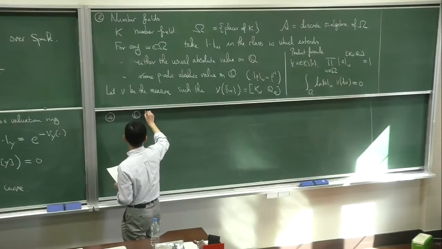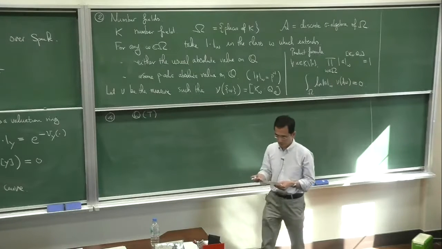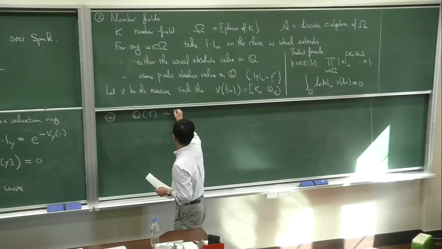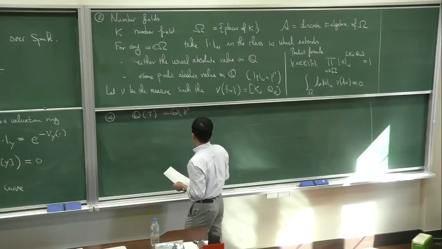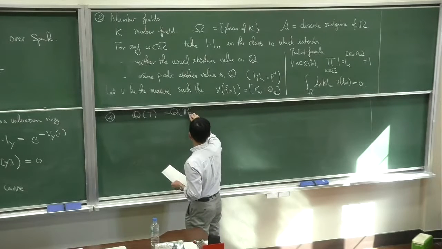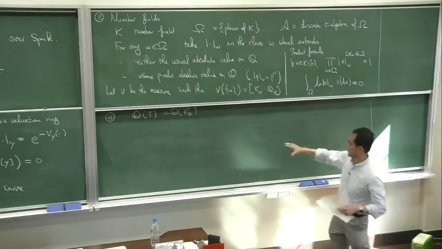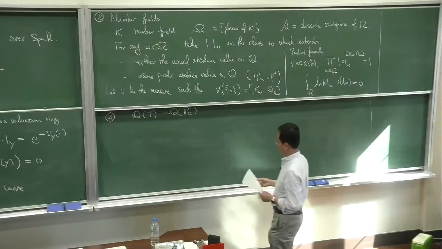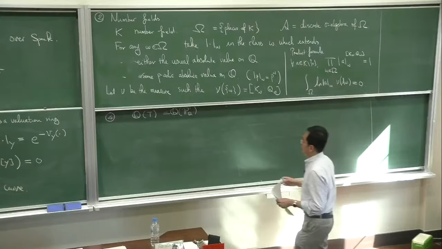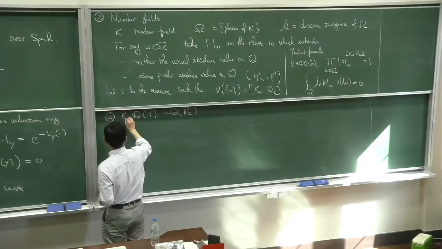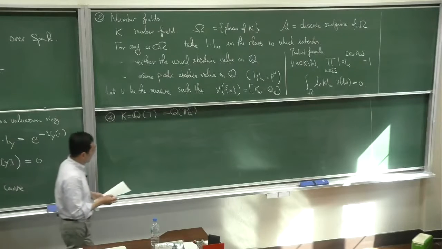I take the field of rational functions with one variable. So you can consider this as the rational function field of P1 over Q. It's a little bit fancy to think of such a field as a field of rational functions. So as before, I take K as a notation of this field.